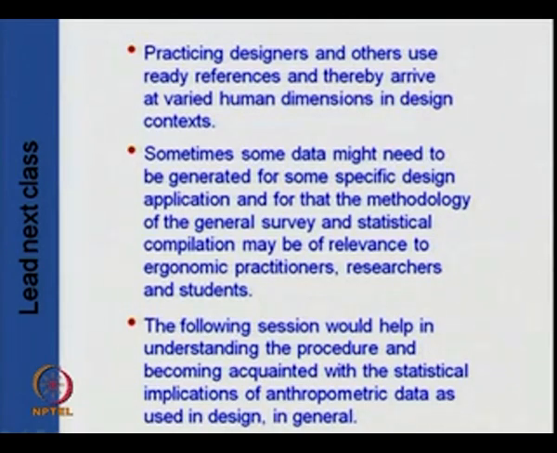Sometimes some data might need to be generated for specific design applications, and for that the methodology of the general survey and statistical compilation may be of relevance to ergonomic practitioners, researchers and students.